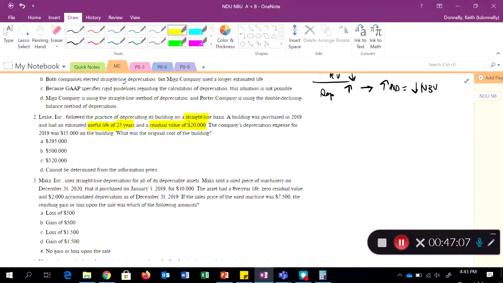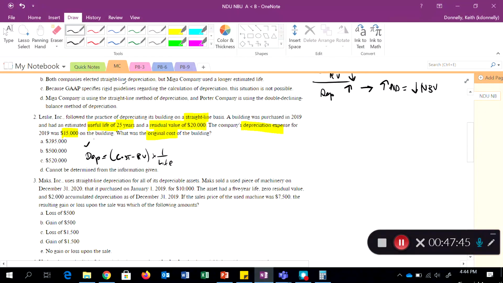But let's get back to the problem. So what they want to know here for 2 is, what is the original cost of the building? Depreciation expense for 2019 was $15,000. So essentially what they're doing here is, every time we've calculated straight line depreciation, which we know is depreciation equals cost minus residual value times 1 over the life, we've always been solving for this variable.